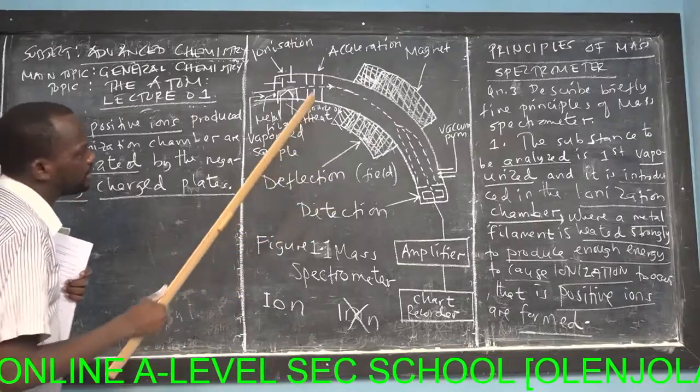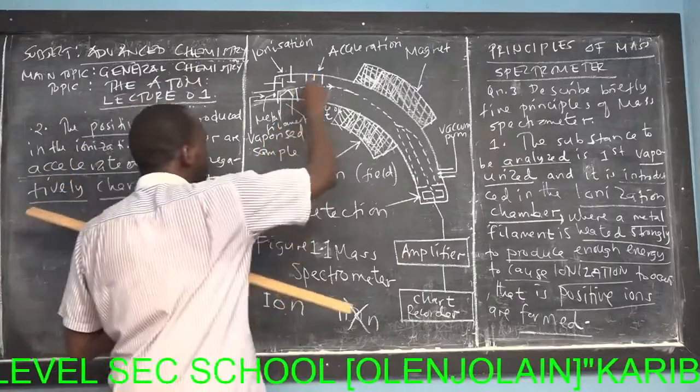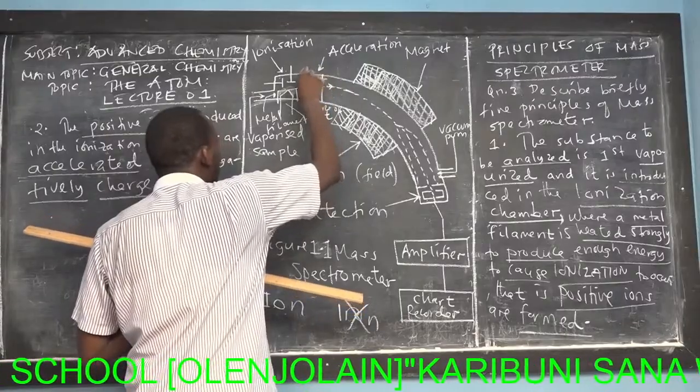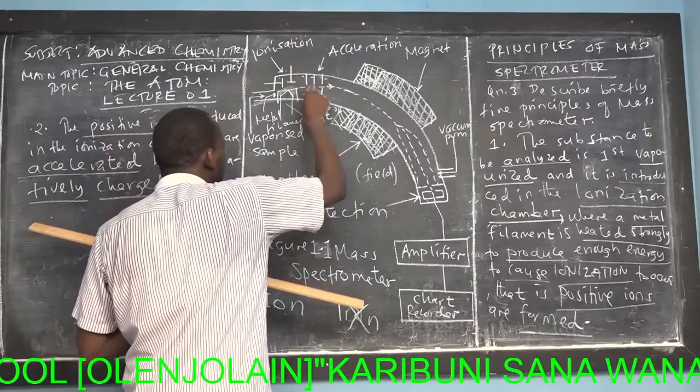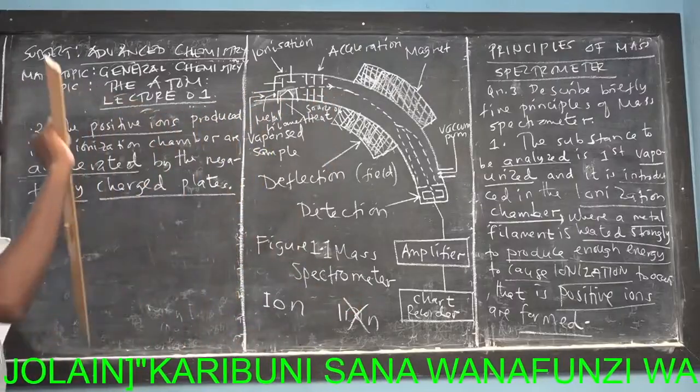Where are the negatively charged plates? This one. So this is negative, negative, negative. This is also negative, negative, negative. Charged particles.